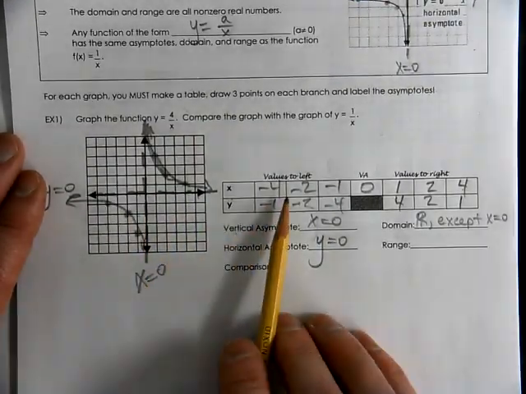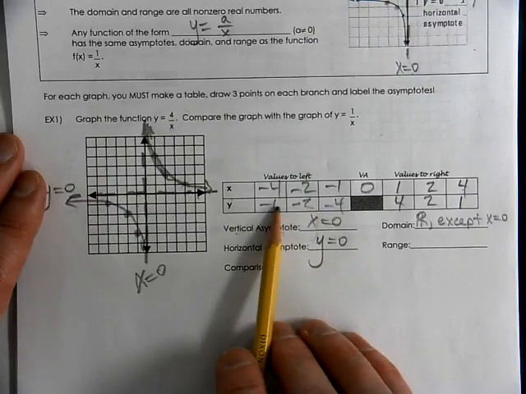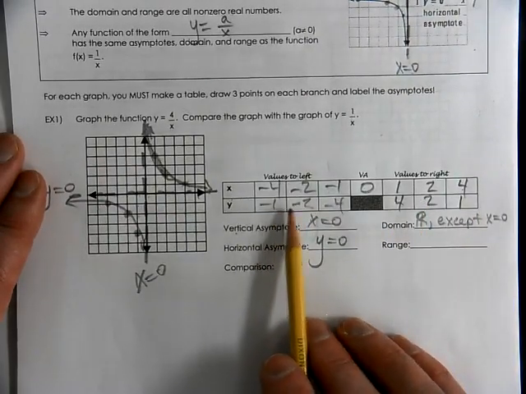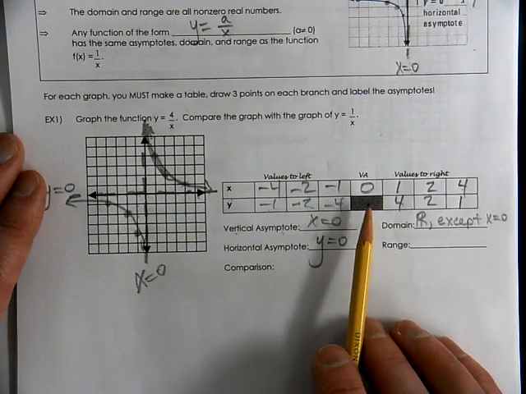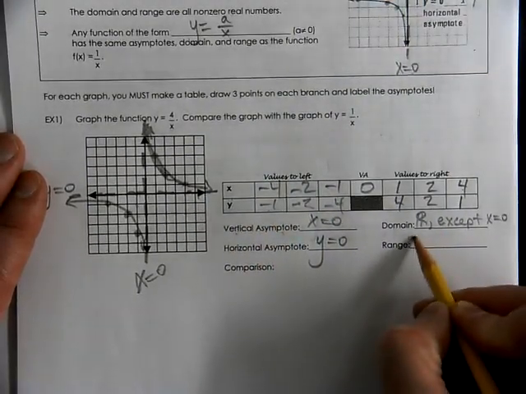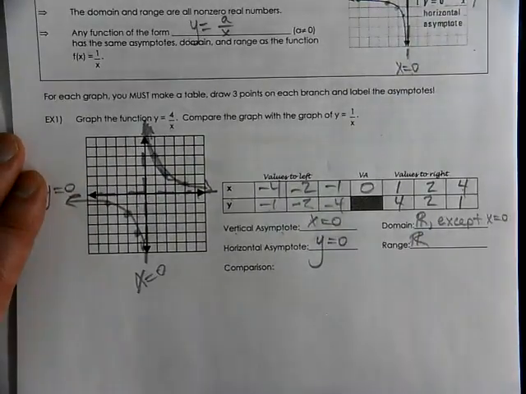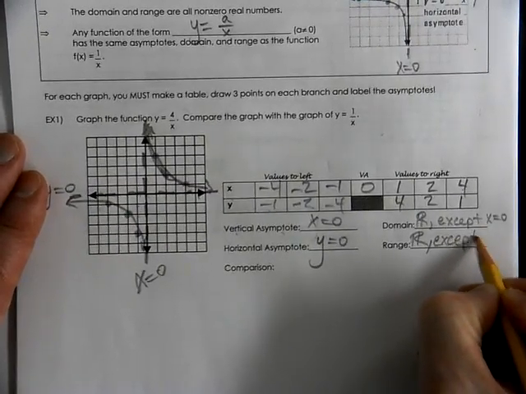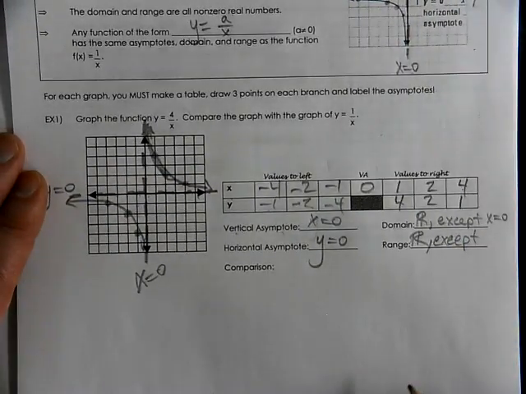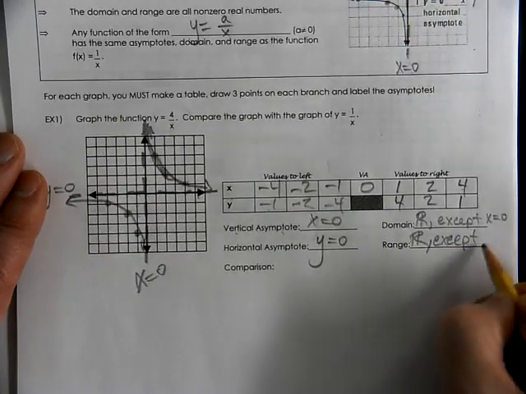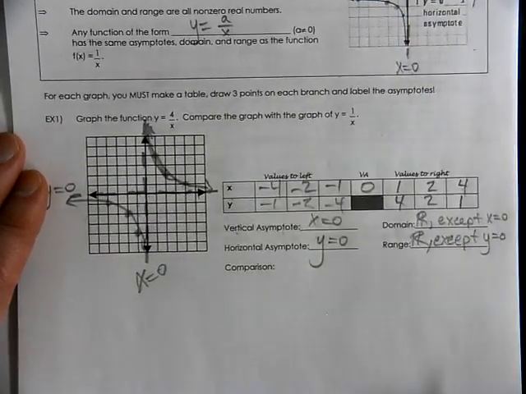Looking at all these y answers, got negative ones, got positive answers. What's the one value you can't get? You can't get 0. So I can get any number. So all real numbers except y equals 0.